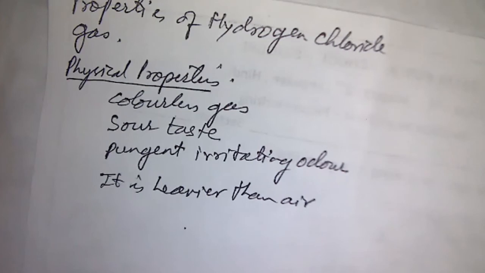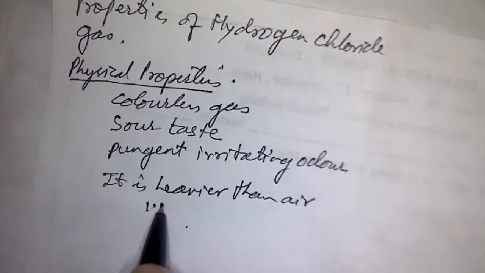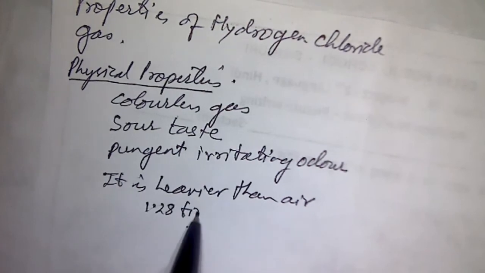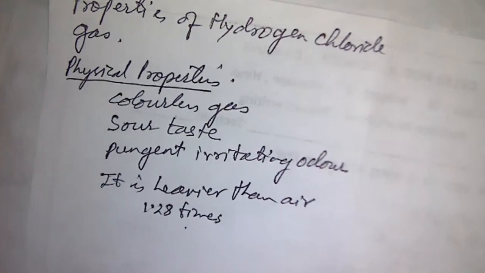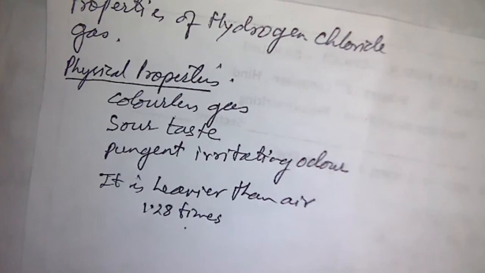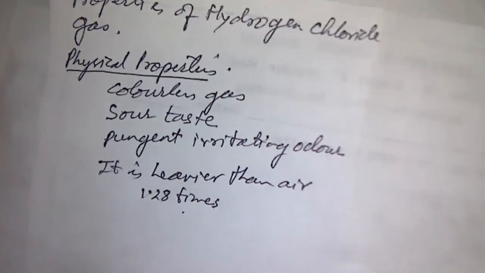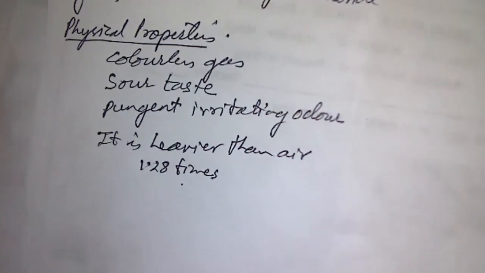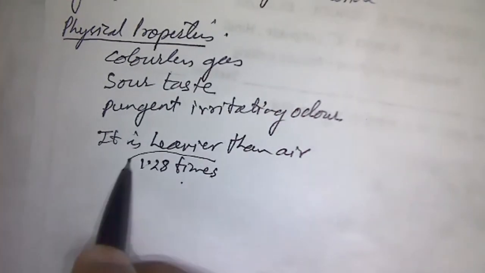Because the vapor density of this one was 18.25, and that of air is 14.4. So if you compare it, it is 1.28 times heavier. These numbers you don't have to know. How many times heavier, that you don't have to know, but it is heavier, that you have to know. Understood? These are not very important.